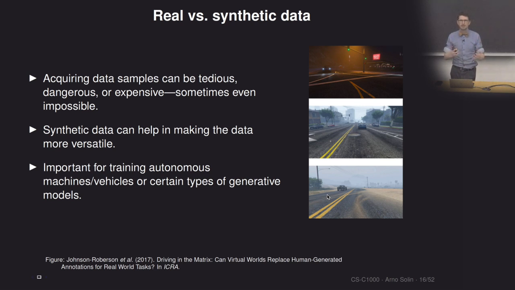And then you simulate data and use that for training the AI. The same applies to certain types of generative models. So here I have some examples of simulated traffic observations that you can then use for training. And this has been standard practice already for a long time in that field.